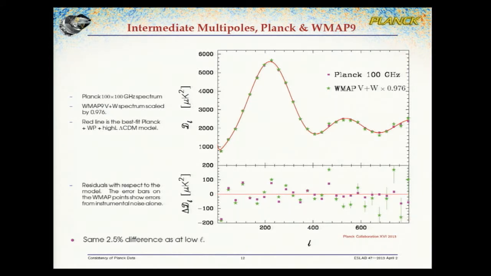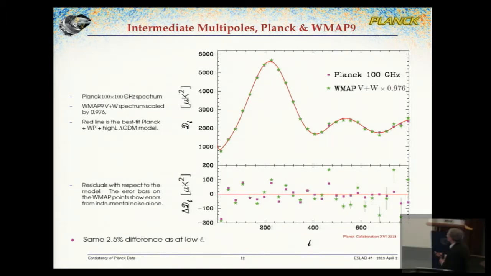This is the 100 cross 100 gigahertz spectrum from Planck in the pink purple points, and its WMAP V and W spectrum multiplied by a factor of 0.976, same 2.5% as you saw before.